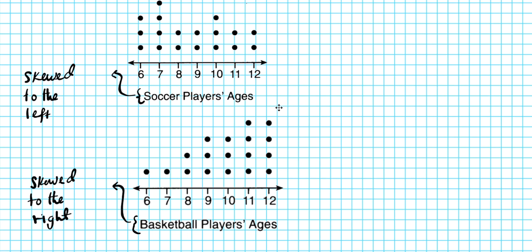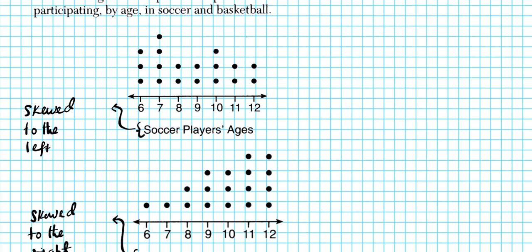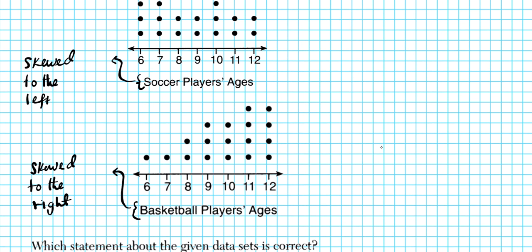Let's do soccer players first. For soccer players, the spread goes from 6 all the way to 12. And then for basketball players, the spread also goes from 6 all the way to 12.